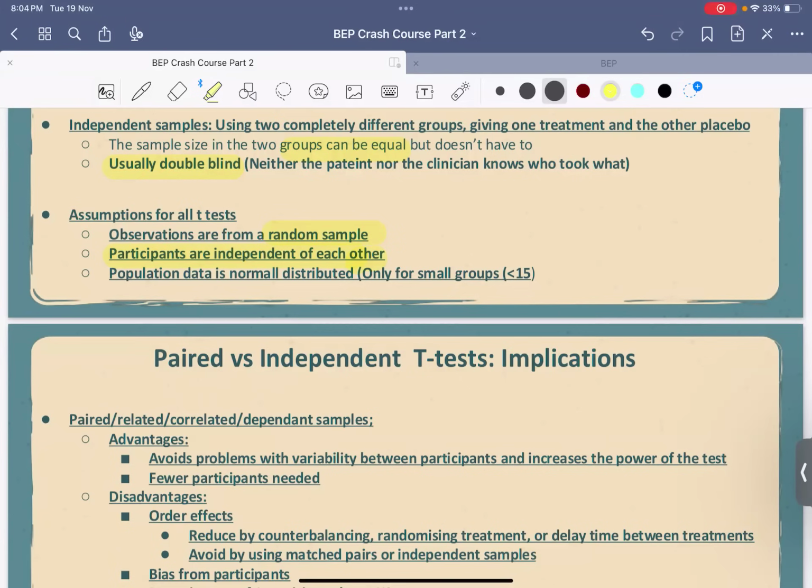And the third assumption is that population data is normally distributed. We only do this for small groups, which is less than 15. If it's more than 15, then probably the population is normally distributed, but for a very small sample size, we also assume that the data is normally distributed. So memorize these. They're going to ask you what is an assumption of a t-test, and you need to pick one of these three.